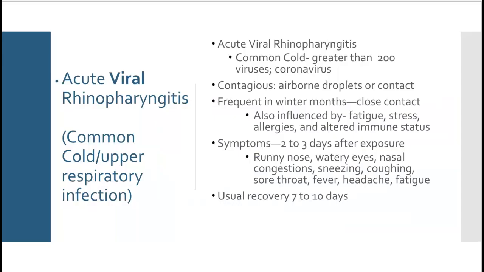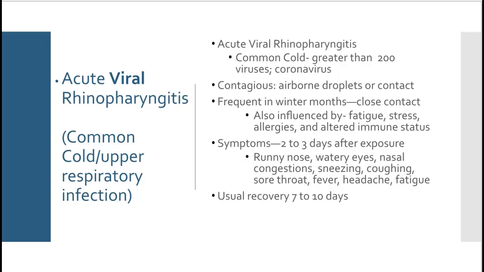Now, acute viral rhinopharyngitis. This is basically just our common cold, upper respiratory infection, although it's viral, so it's not truly an infection. Greater than 200 viruses, including the coronavirus, fall into this.